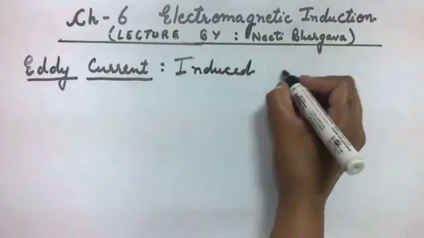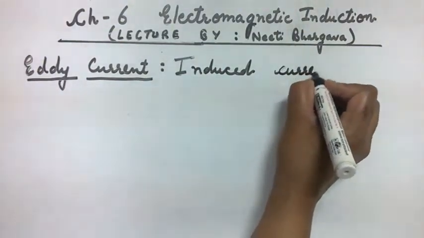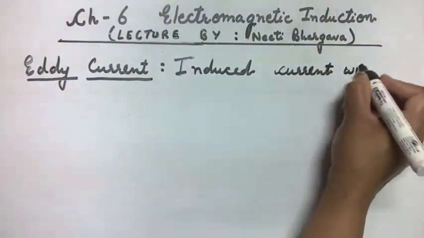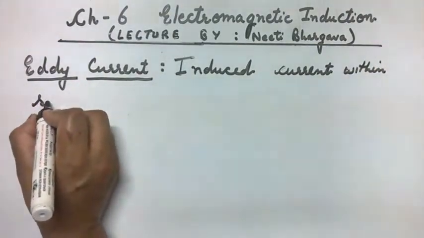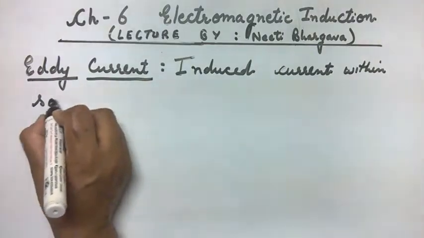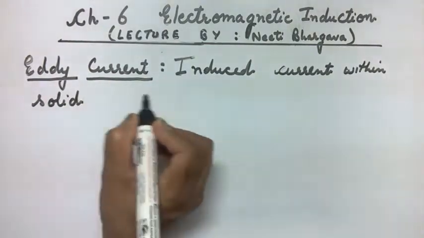which is produced within a solid conducting body or a metallic block.